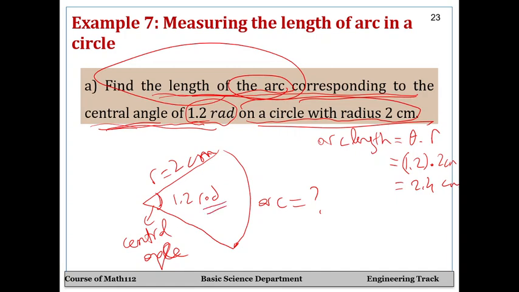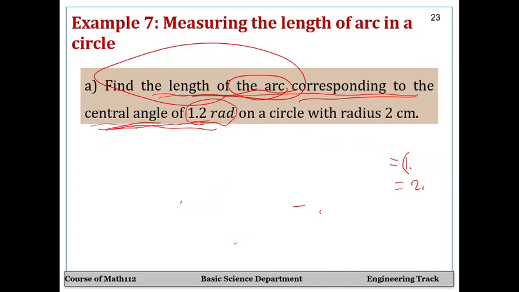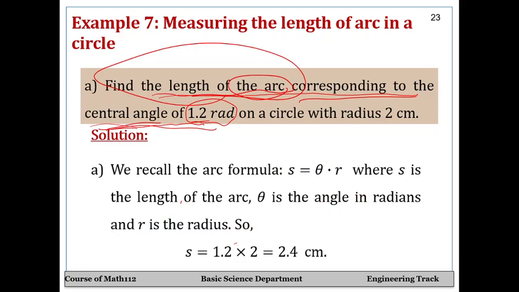So you can use this angle directly in the formula because it's in radians. So the good thing is it's in radians. Otherwise, if it is given in degrees, you have to change it to radians to use the formula.